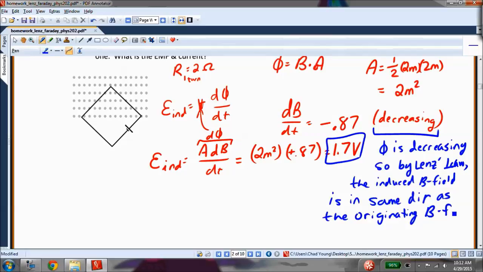Look back at that Lenz's law. We had 4 different cases. In this case, I have a decreasing magnetic field. The magnetic field that's drawn here is decreasing, so the induced magnetic field is going to be in the same direction. All right, this is my induced magnetic field.